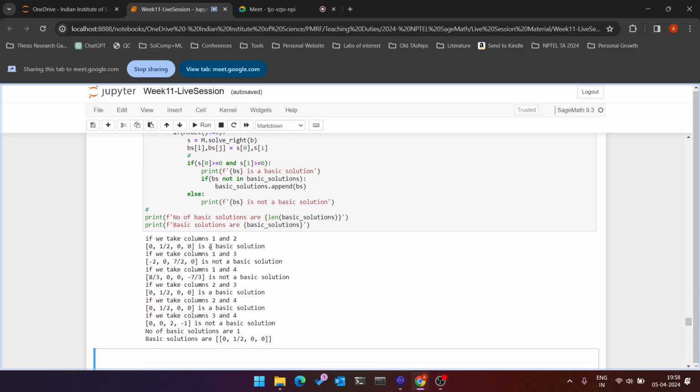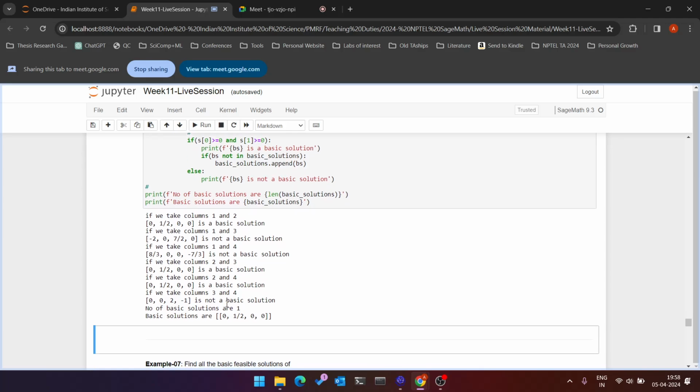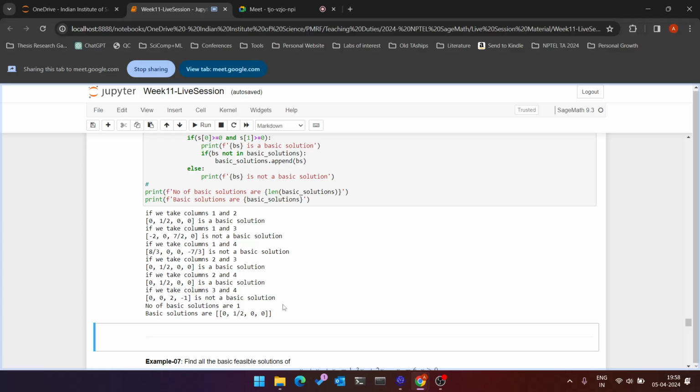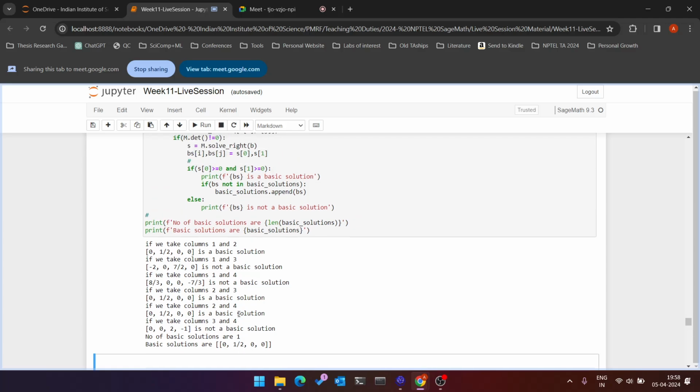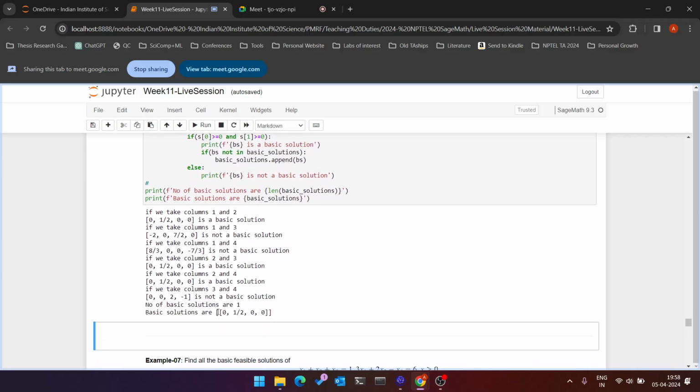This tells me that columns 1 2, columns 2 3, and columns 2 4 all have the same basic solution 0, half, 0, 0, and the other three possible combinations of submatrices do not have a feasible solution, which makes my number of basic feasible solutions 1, and that being of the form 0, half, 0, 0.